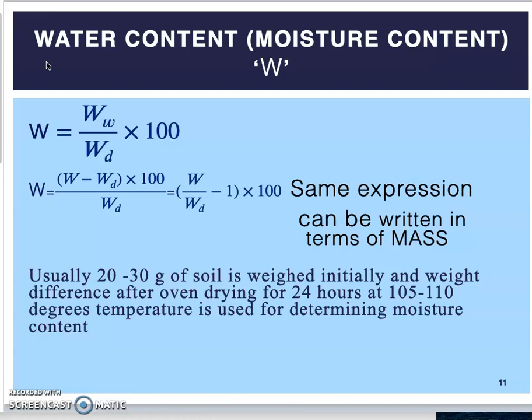The moment cohesion and friction get affected, naturally the strength of the soil will also get affected. The weight of the soil mass changes the moment there is water in the voids. Obviously, a soil mass without water will weigh much less.